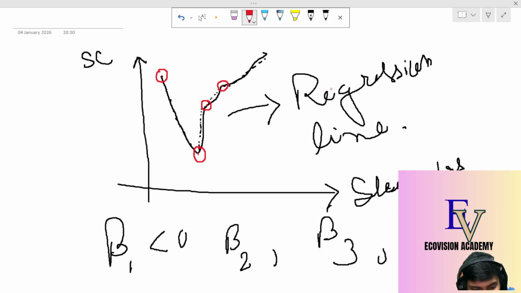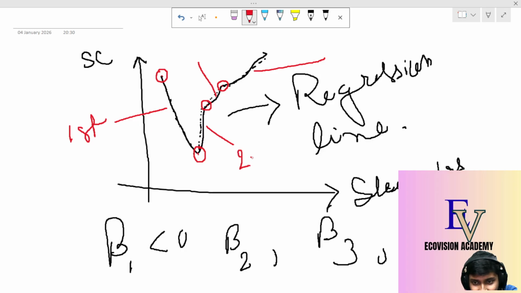Okay. And always remember one thing: spline regression fits different curves in different ranges but joins them smoothly. This is the first curve, this is the second curve, this is the third curve, this is the fourth curve. So this is the first range, second range, third range, and this is the fourth range.